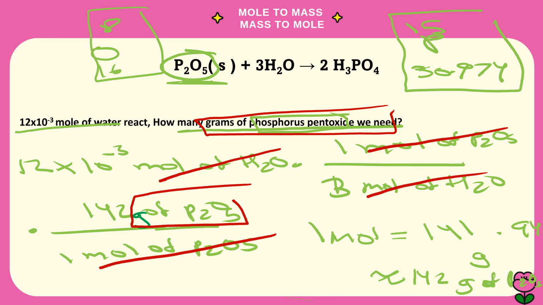Writing that into your calculator gives you an answer of 0.568 grams of phosphorus pentoxide. Easy as this.